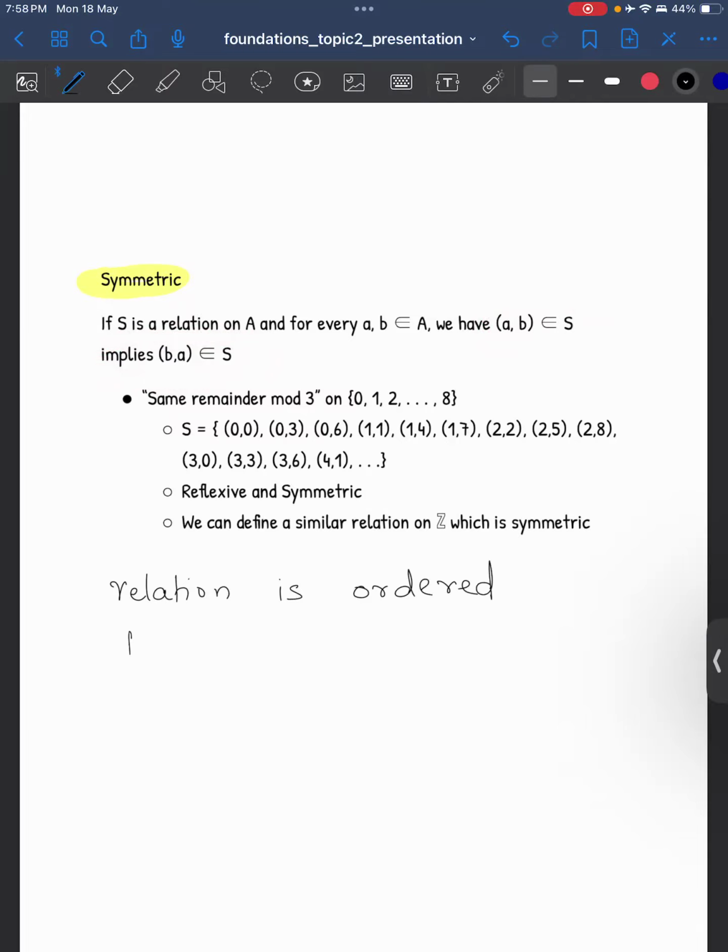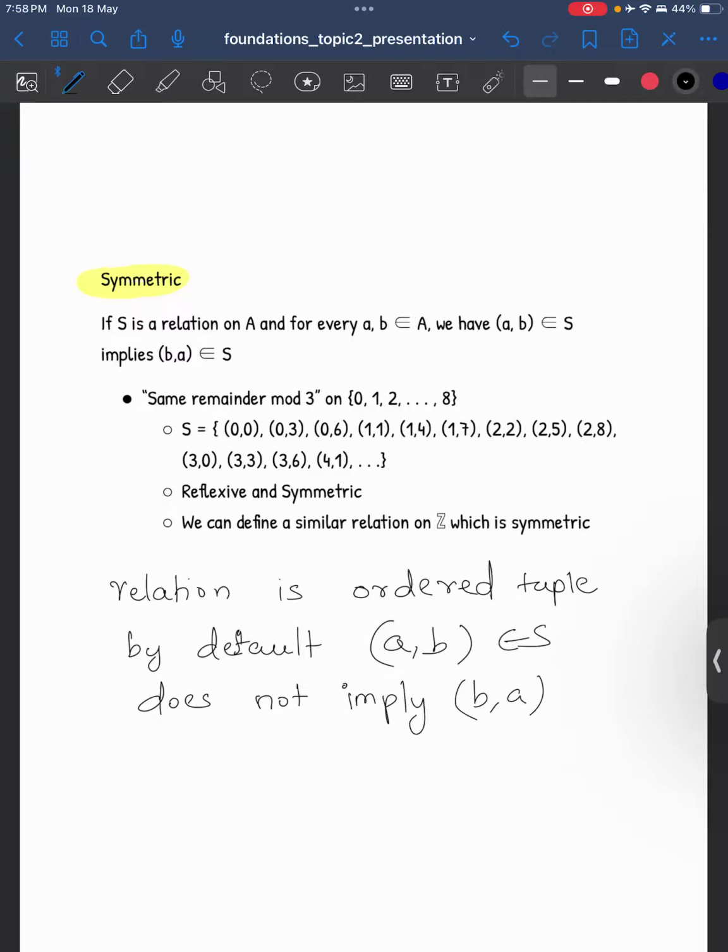So by default, (a, b) in S does not imply (b, a) in S.